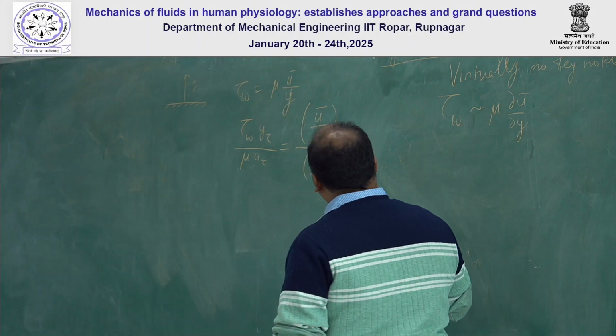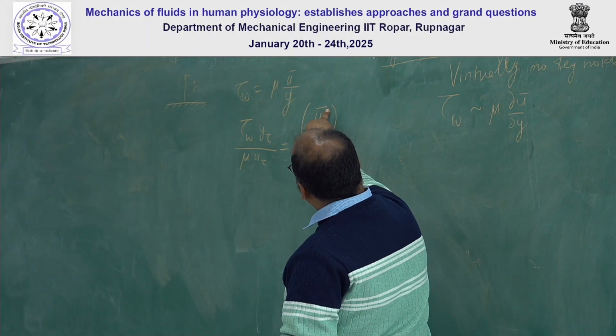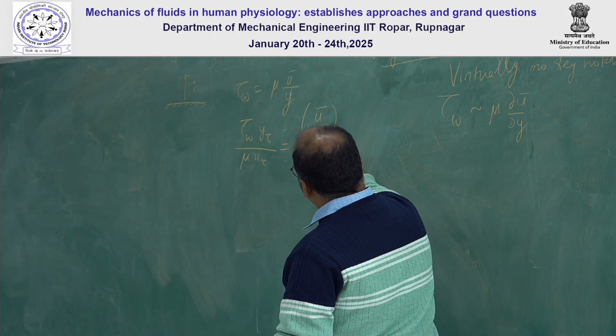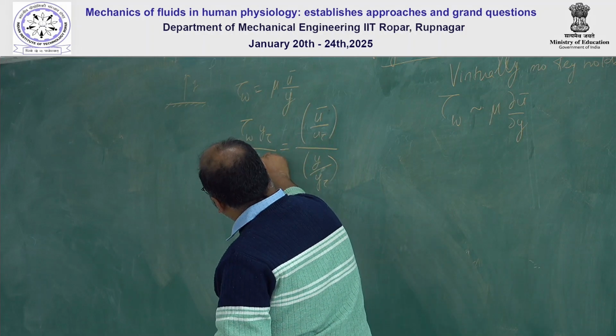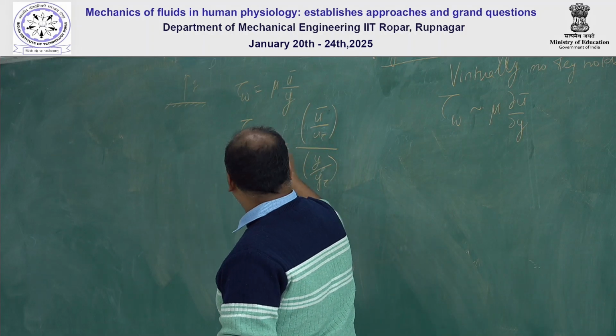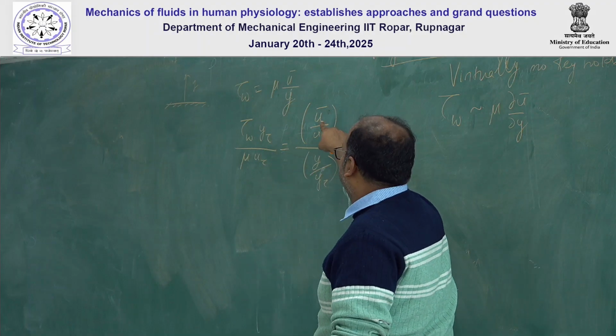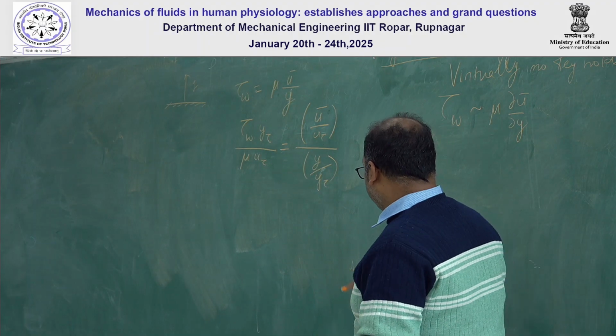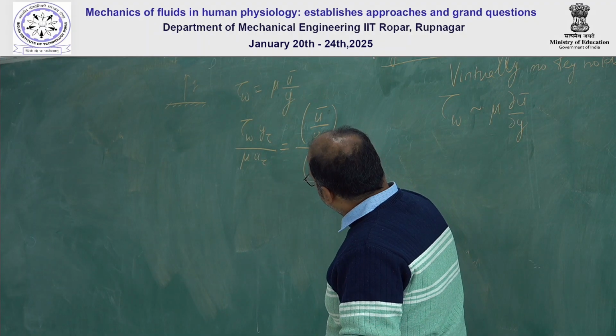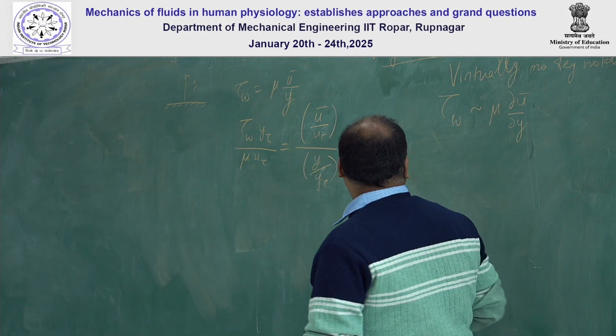So you can see what we are doing. We are dividing the u bar by the friction velocity. That's why one u tau is coming here, because this is in the denominator of u bar. Similarly, we are dividing y by the y tau.